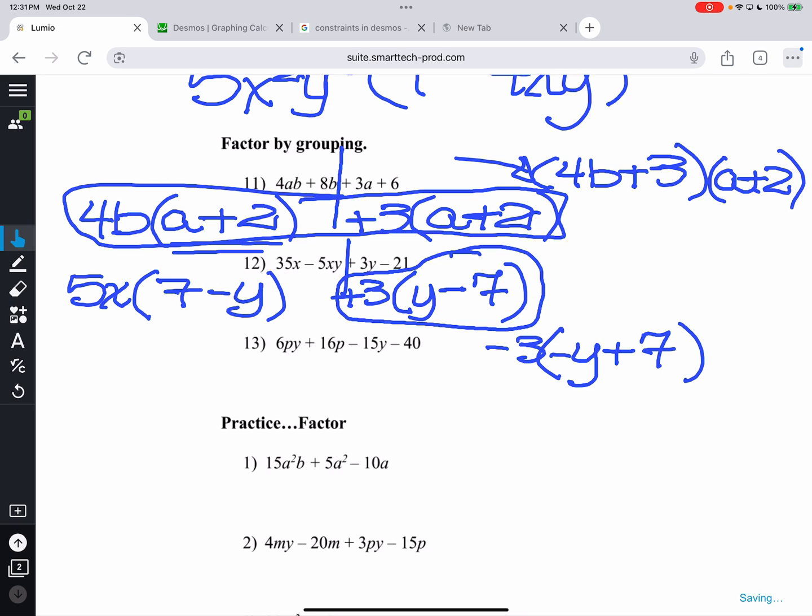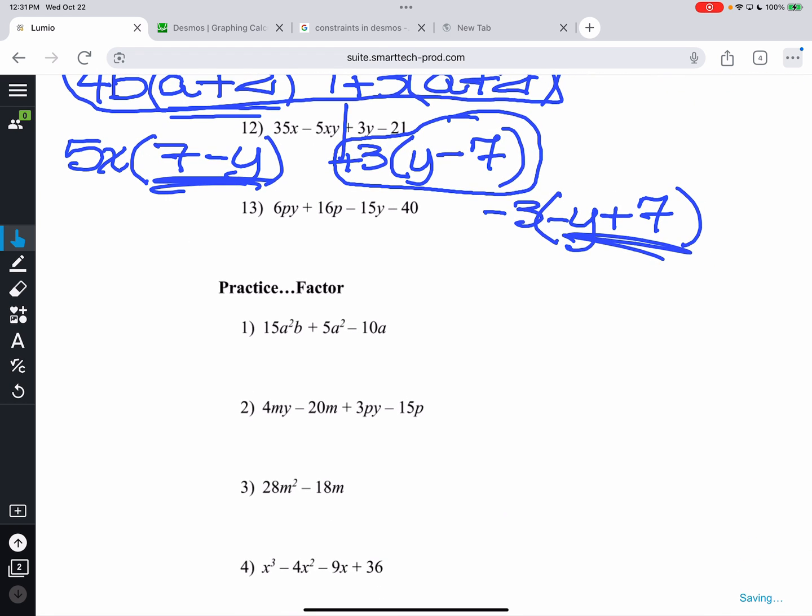And while they're not in the same order, the two parentheses, they are the same signs. +7, -y. All right, so when we go, what will be our first parenthesis then? 5x minus 3.